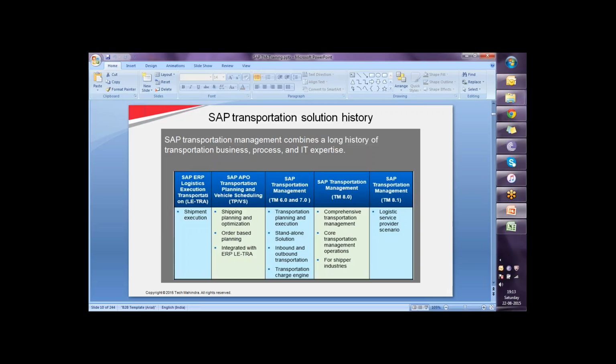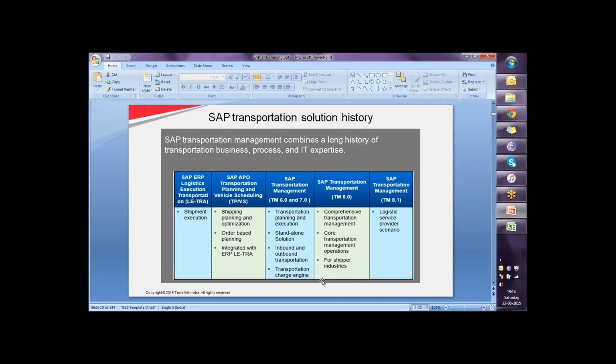Then the major focus of TM 8.0 was the shipper industry, basically the manufacturers, people who have plants, people who are basically good at making goods rather than selling or transporting. So it was a good solution. Then more features were added to it, and TM 8.1 was released.